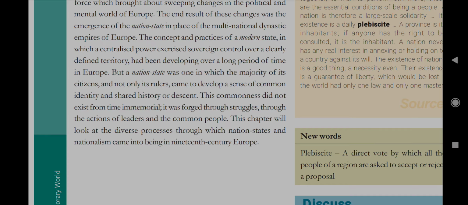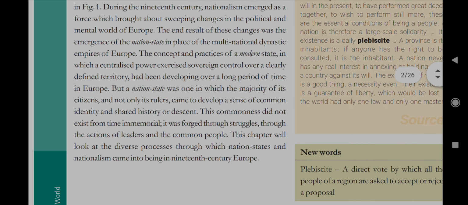Then the second point is shared history. As I told you, we should have the same history, including our ruler, and the people should follow the same history. Then struggle. We know that struggle, this is the way the nation state was formed. And the third point is defined territory.